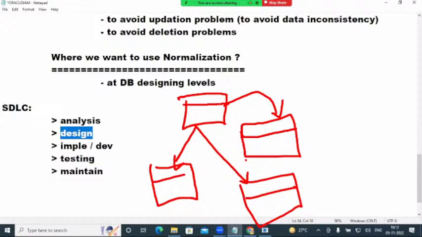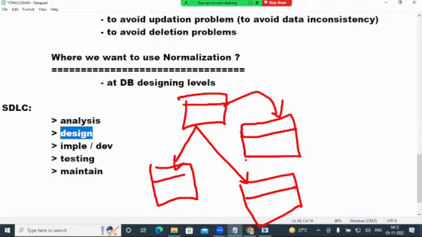All these techniques are checked only at the time of the designing phase, because after development you can't check this normalization. Normalization techniques can be implemented before development, that is, at the designing level. In the designing level, based on each and every technique, rule and condition, they will design their tables.